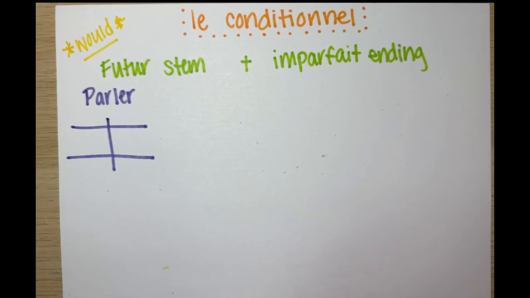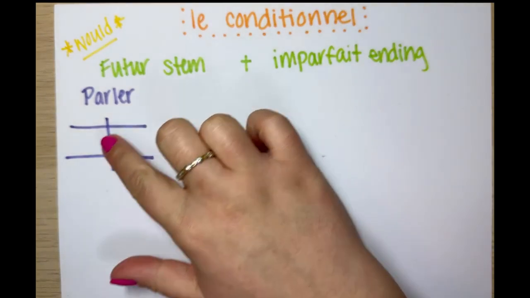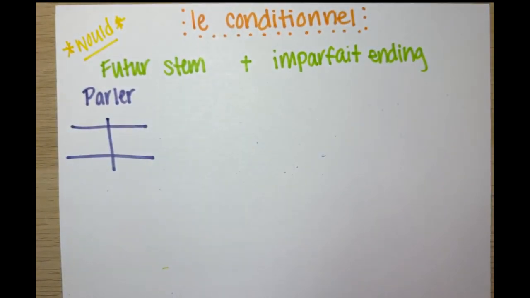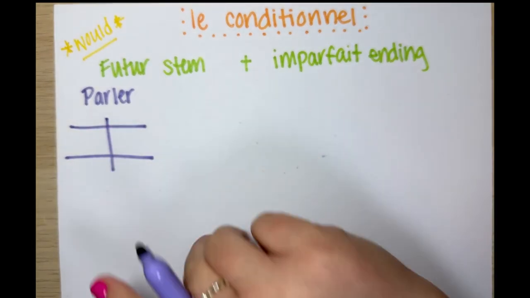Now, to make the future stem, if you forgot, we basically take our infinitive and that becomes our future stem. Same thing with le conditionnel. So I'm basically going to take this and transplant it down here for all of my subjects.